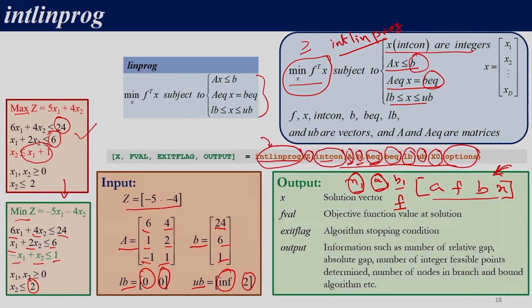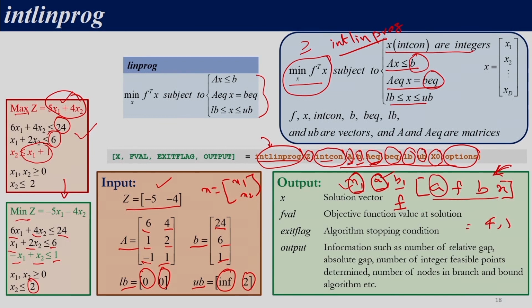So for example, over here this -5 -4 captures -5x1 minus 4x2 if and only if the variables are x1 and x2. If it is x2 and x1, then it is minus 5x2 minus 4x1, which is not the case that we have. So let us say we decide to arrange the variables as a, f, b, x. Now in this, x and a are integer, right? So what is the position of x? The position of x is 4 and the position of a is 1.